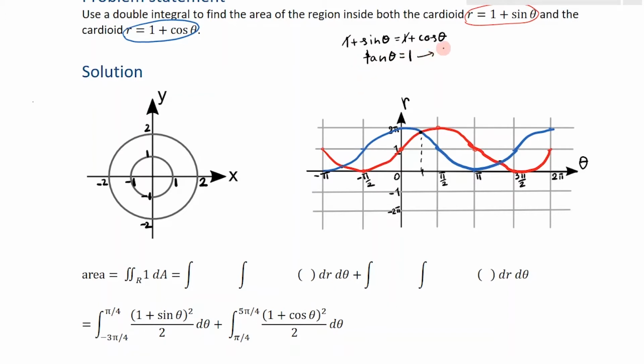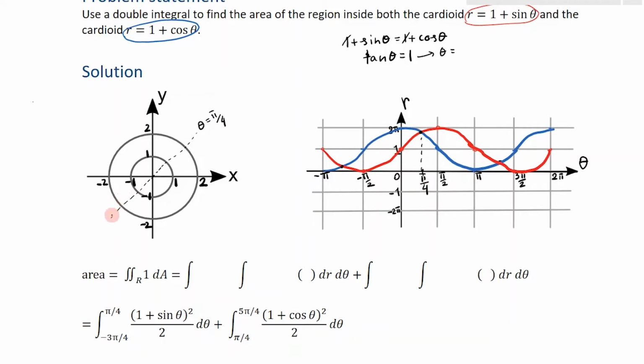This happens when theta equals what? Well, it happens here and it happens here. So this would be theta equals pi over 4. And so this would be here.